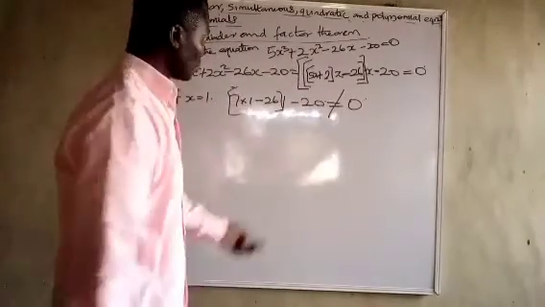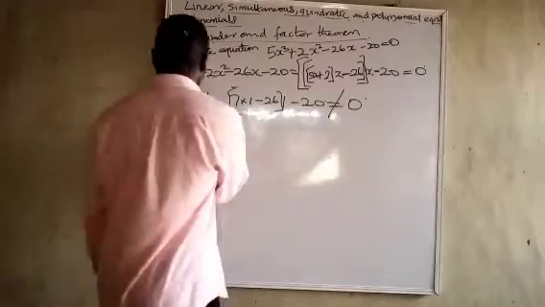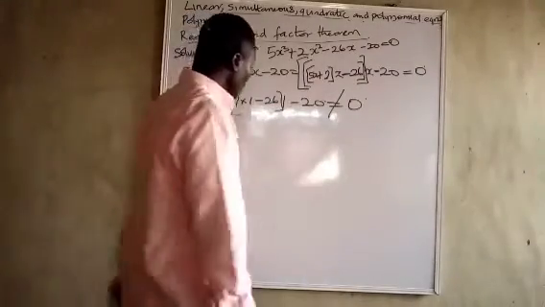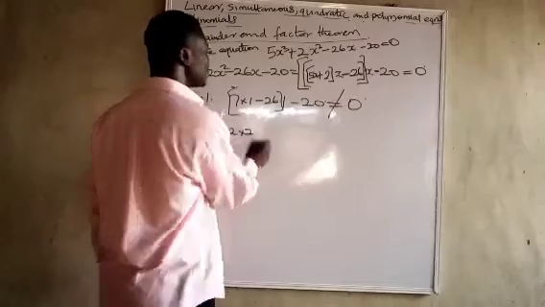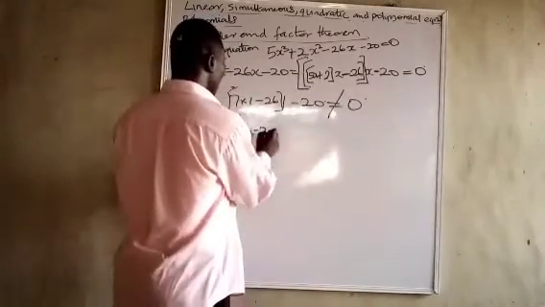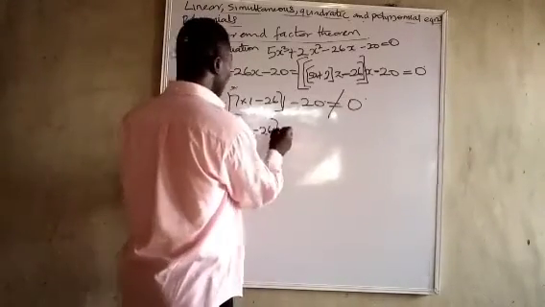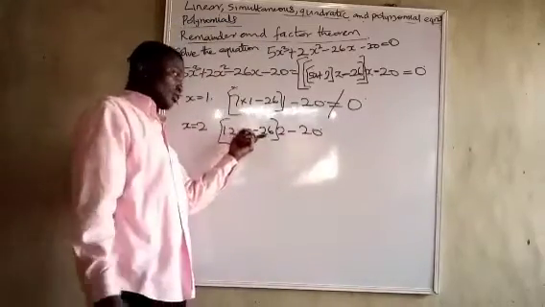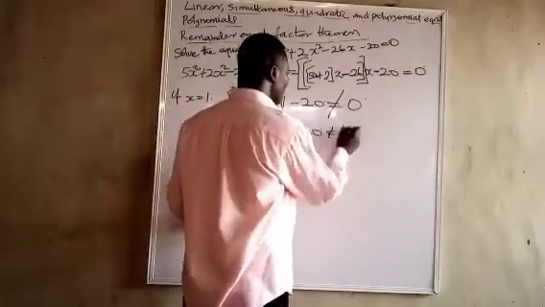Now let's look at 2. 5 times 2, 10, plus 2, 12, times 2, minus 26 times 2, minus 20. 24 minus 26 is minus 2, times 2. So this does not equal 0.